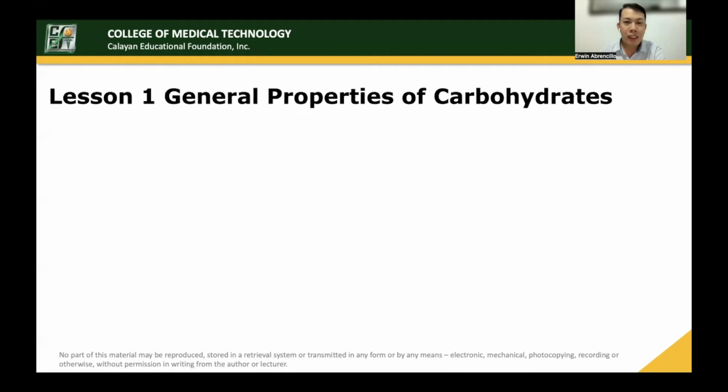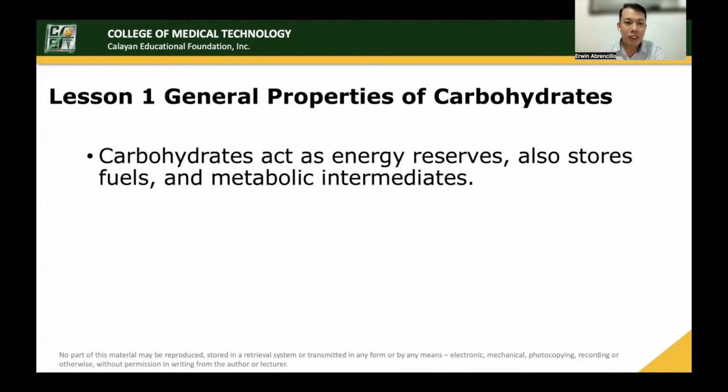So let us talk first, lesson 1, general properties of carbohydrates. So what are carbohydrates? So first, carbohydrates act as energy reserve. So meaning to say that our body, as we need energy, we always get carbohydrates or the sugar.